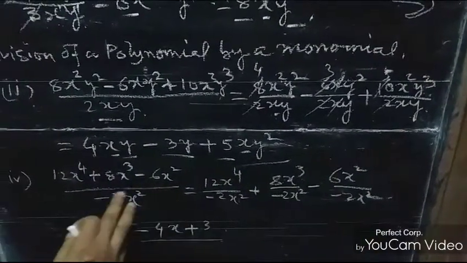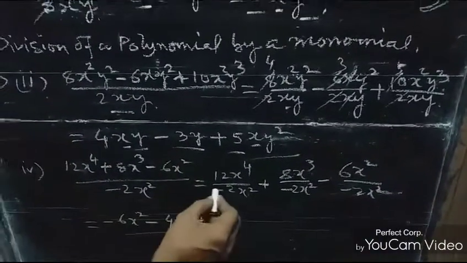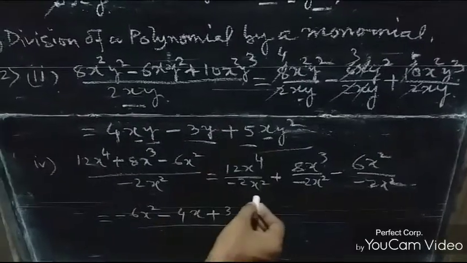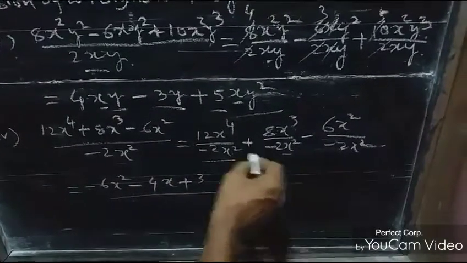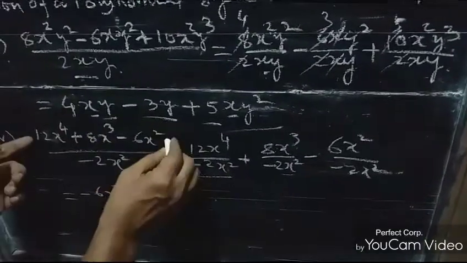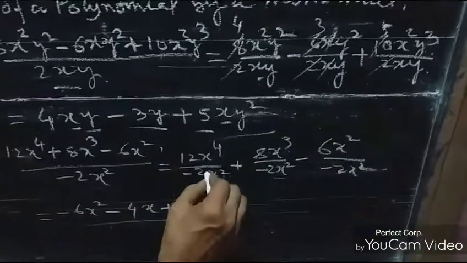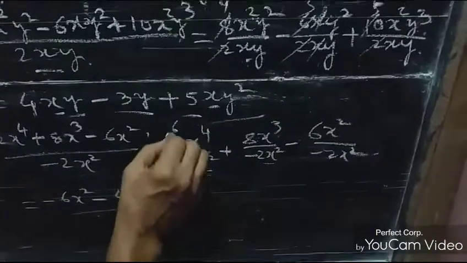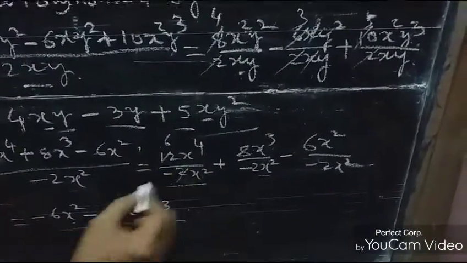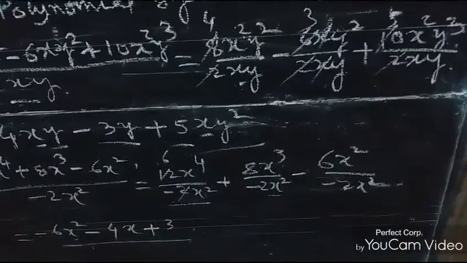Now I am taking another example with a minus sign. You do the same process: separate each term of this polynomial, each divided by minus 2x square. Then this is 6, so it is minus 6, x to the power 4 minus 2 is 2, that is minus 6x square.